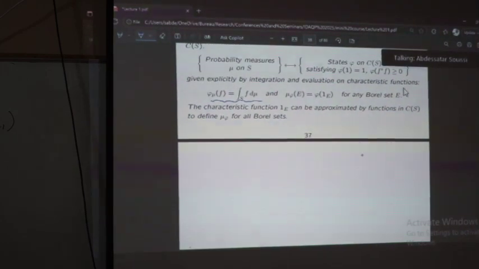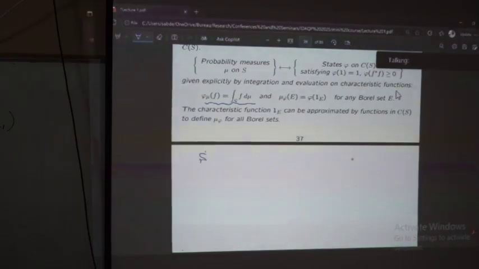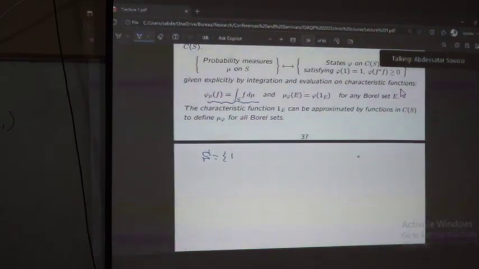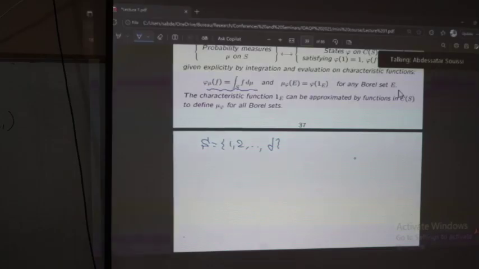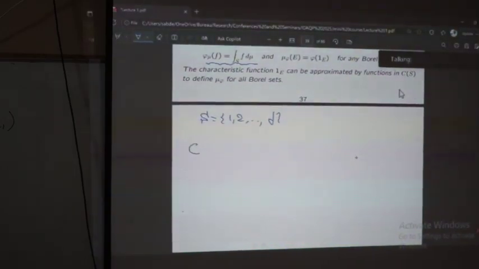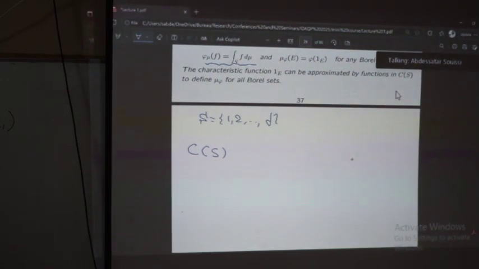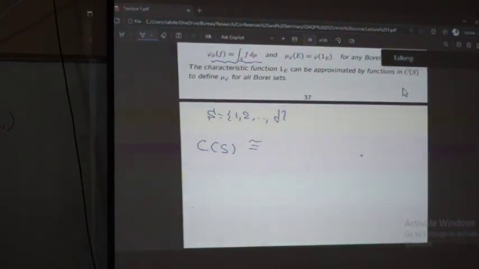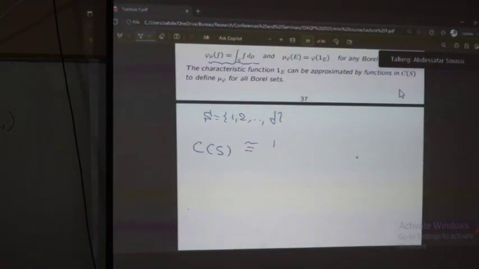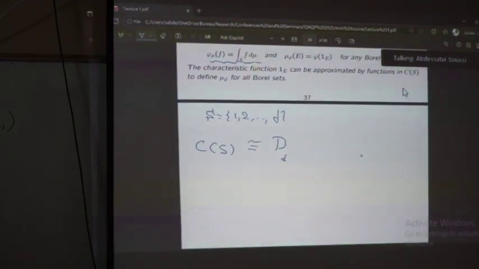As you can see, for C(S), let's take S equal to 1, 2, up to d. Then C(S) can be identified with the algebra of diagonal matrices.